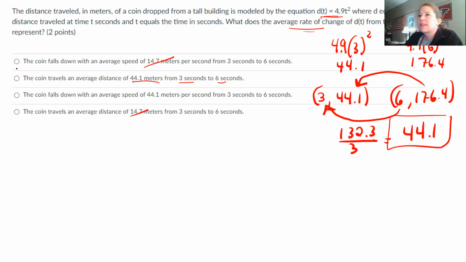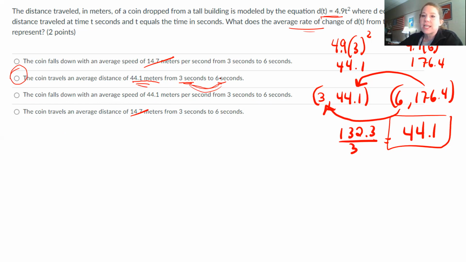So it's got to be this one, because this is an average distance of 44.1 meters from this time frame. So we got a little snapshot. It's like we're taking a picture of the coin falling. And so this is the distance it travels from second 3 to second 6. So that's how we do that one.